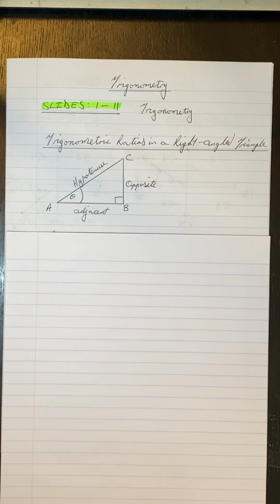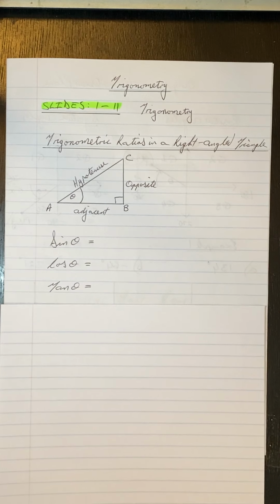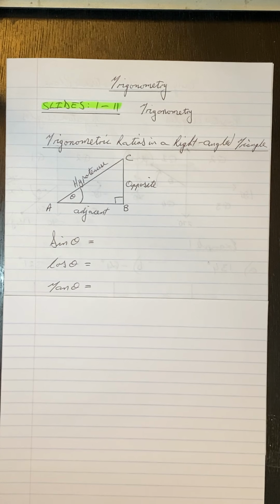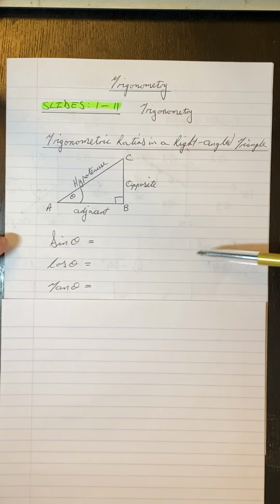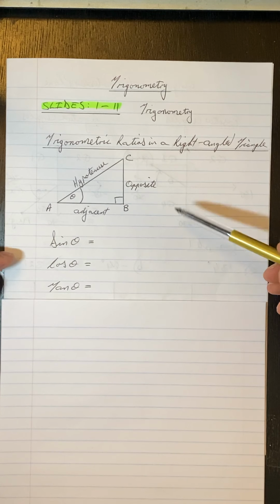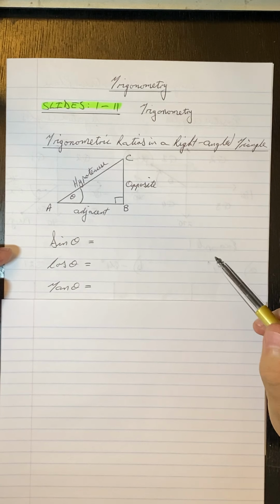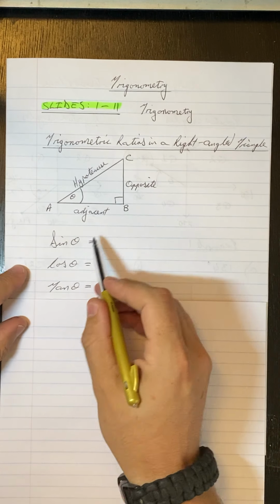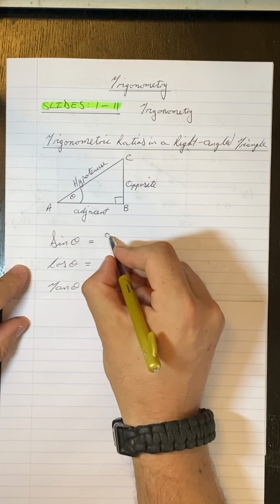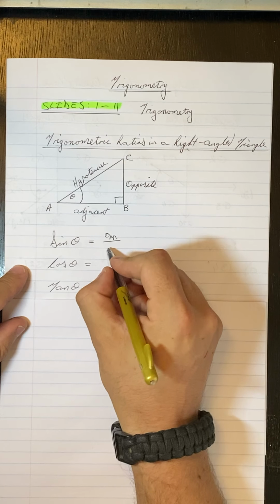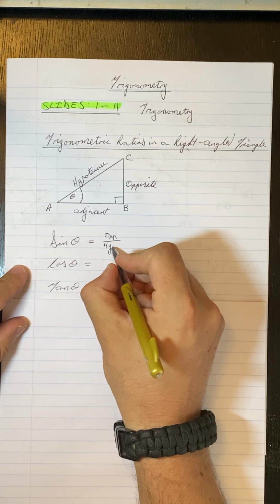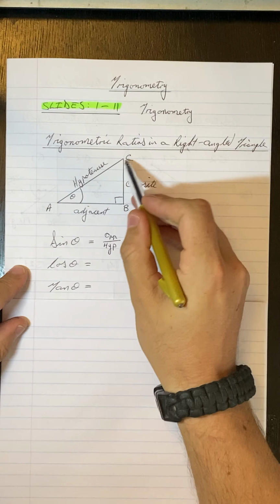So having a look at that, we can now define what our trig functions are going to be in terms of this adjacent, opposite, and hypotenuse. So sine will be opposite over your hypotenuse. This side over this side.